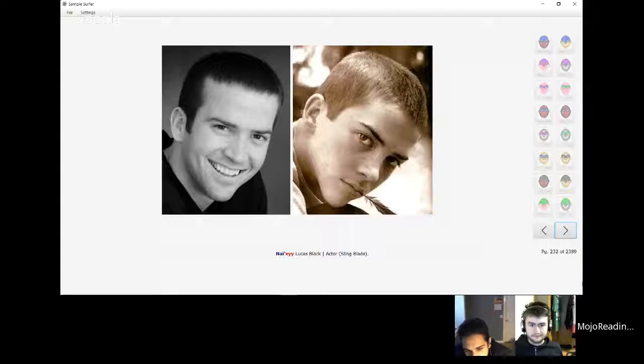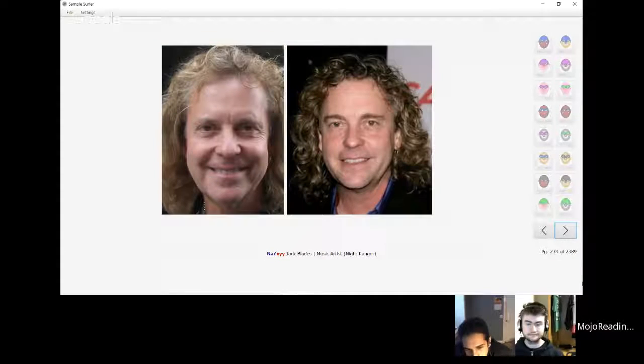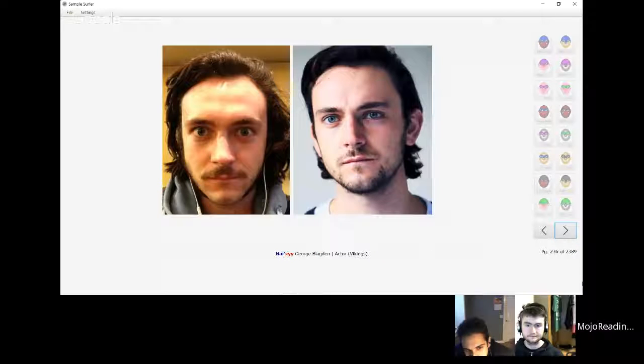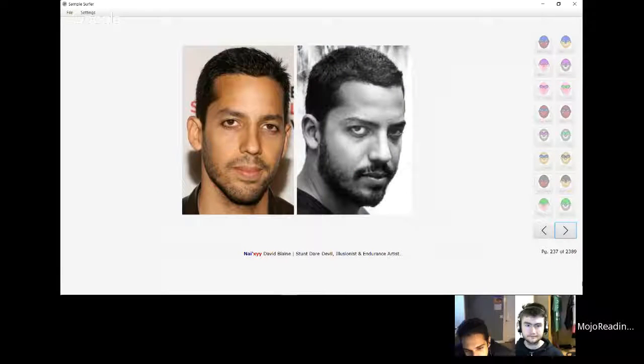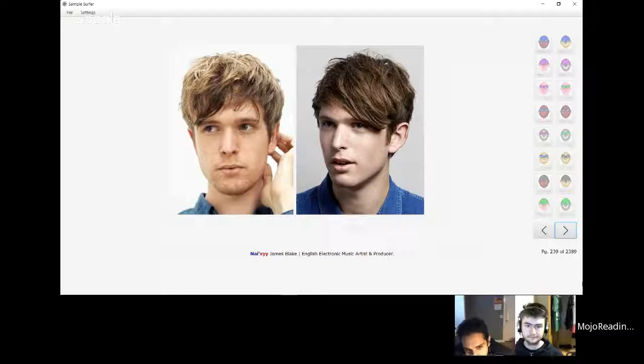Naji Lucas Black. Naji Richie Blackmore. Naji Jack Blades. Naji Ruben Blades. Naji George Blagden. Naji David Blaine. Naji Zach Blair. Naji James Blake.